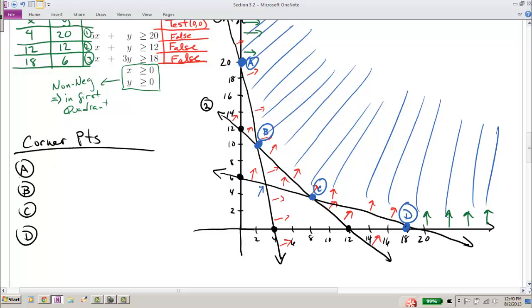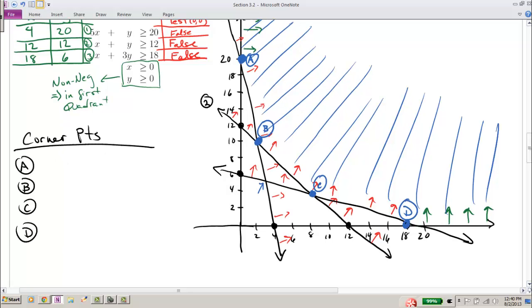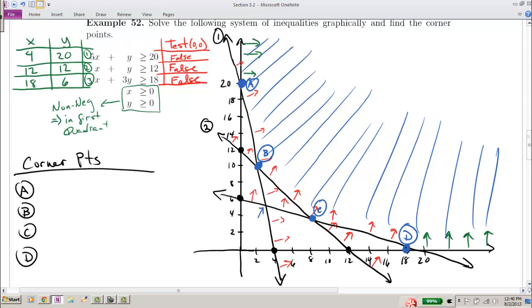Two of them are fairly easy to find, right? A and D should be easy to find, because we can tell by looking at our graph that boundary point A is the y-intercept for line number 1. So this corner point is 0, 20.